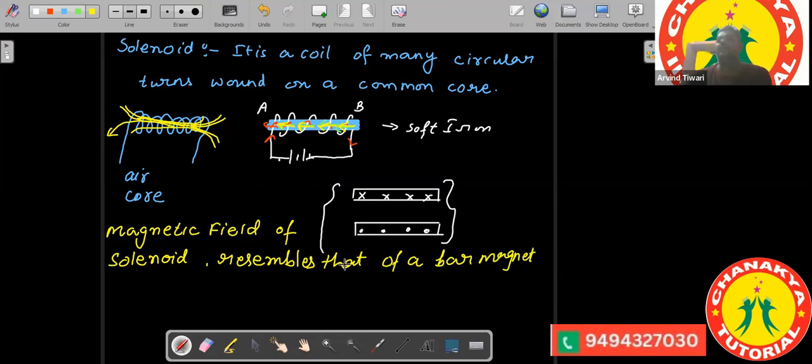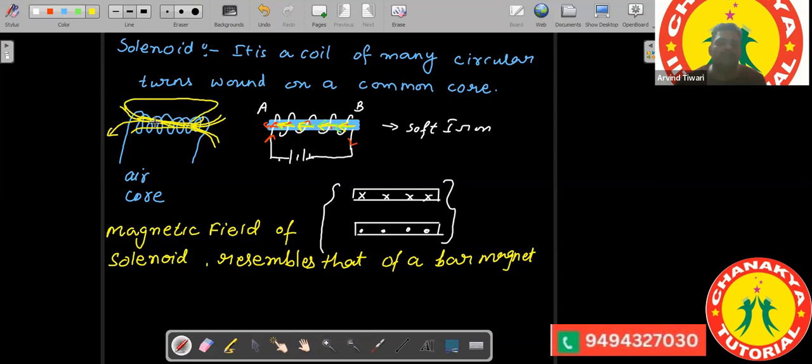Hence, wherever we are using a bar magnet, at that place we can use a solenoid. Instead of using a bar magnet, we can use a solenoid, as both of them form their magnetic field lines in the same way. The magnetic field lines are the same.